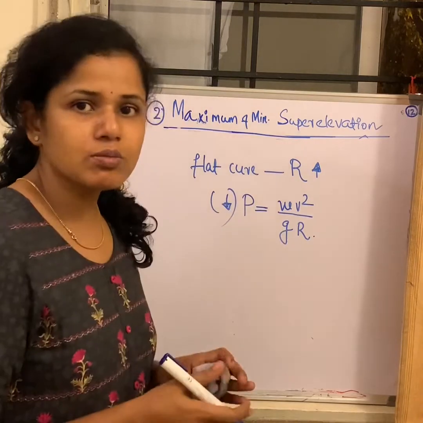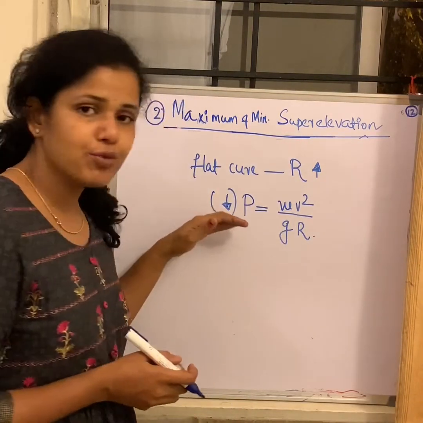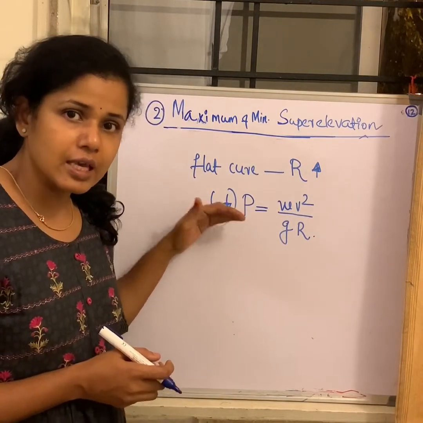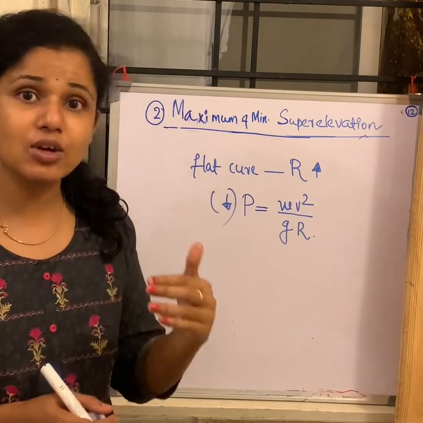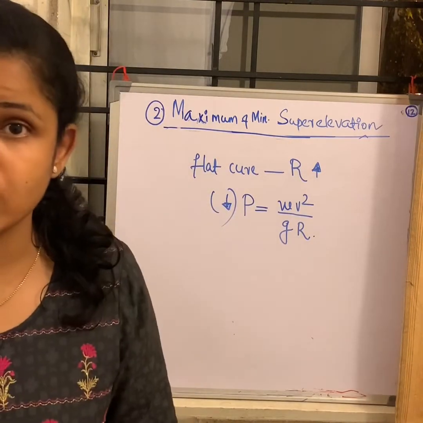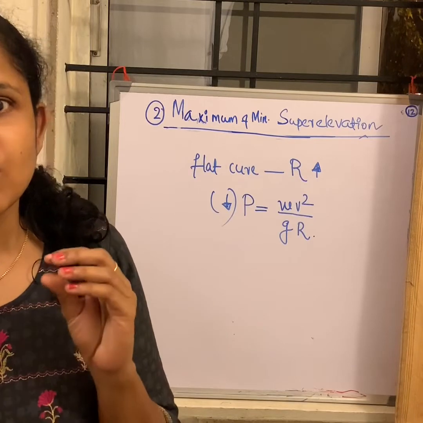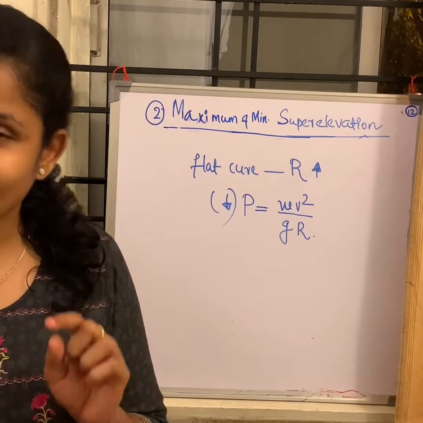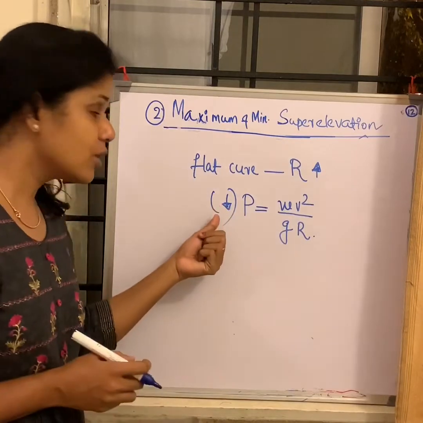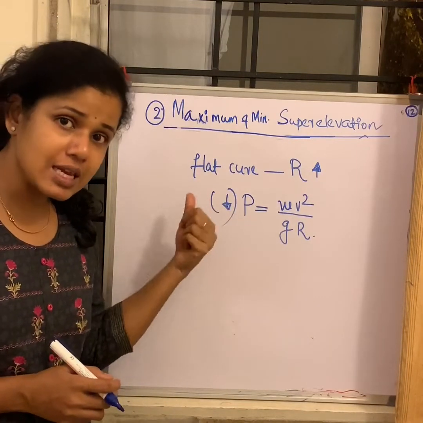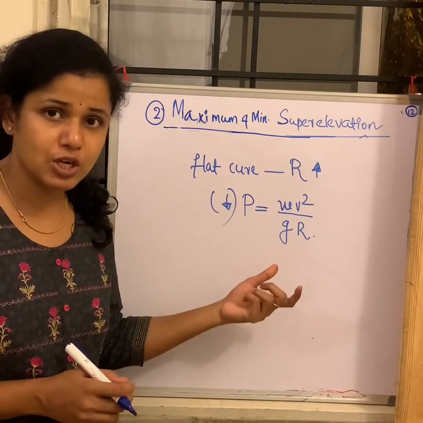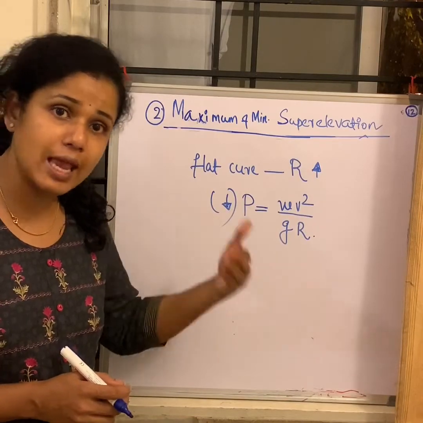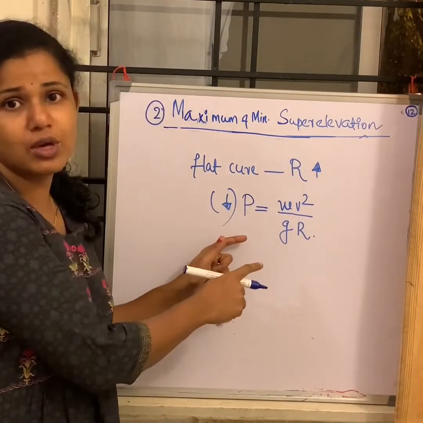So we assume that the centrifugal force developed here will be less than the opposing frictional force. In such cases, you really don't have to provide any super elevation. Why is that? Because the centrifugal force developed will be lesser than the friction, so the friction itself is able to counteract the centrifugal force.